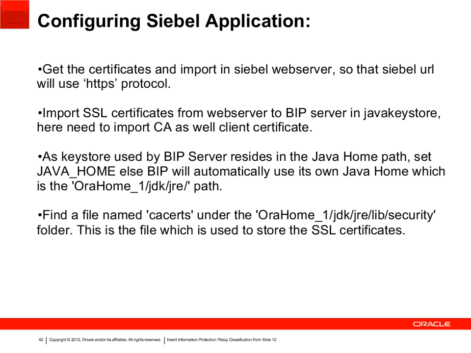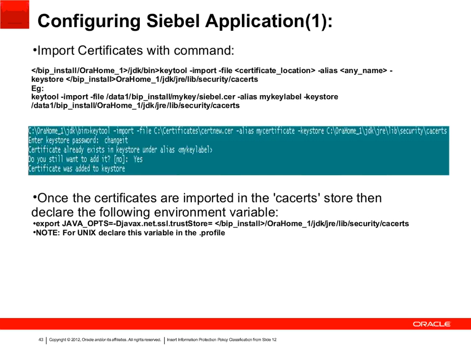So, this single file will hold all the certificates which we are going to import in a BI Publisher server. Moving on to some more technical information. Import those certificate files into Java's keystore. Now, how will those certificates get imported into Java's keystore? That will be using the keytool utility. The sample command is as shown in the slide.